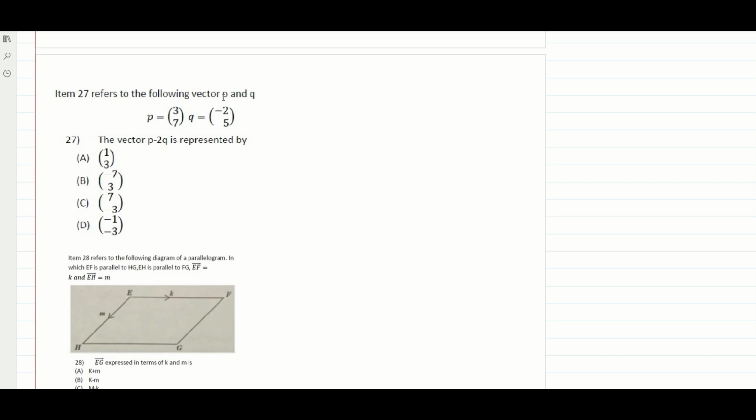Item 23 refers to the following. They said that P is (3, 7) and Q is (-2, 5). Find P minus 2Q. So it is (3, 7) minus 2 by (-2, 5). We always multiply first.